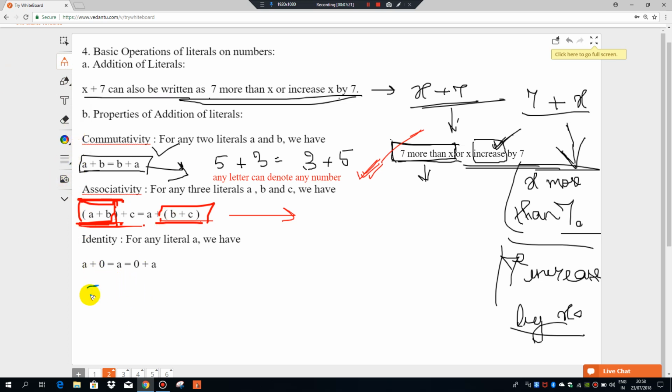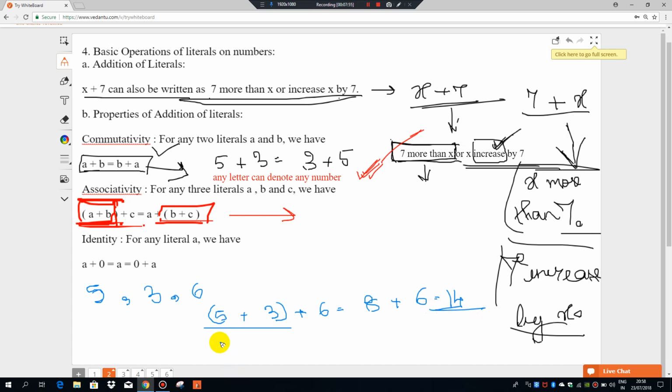Think of 5 plus 3 plus 6. First we regroup this part, 5 plus 3, that gives 8, plus 6, which is 14.